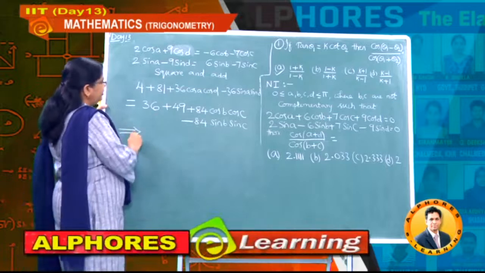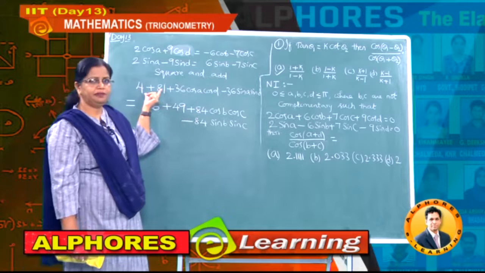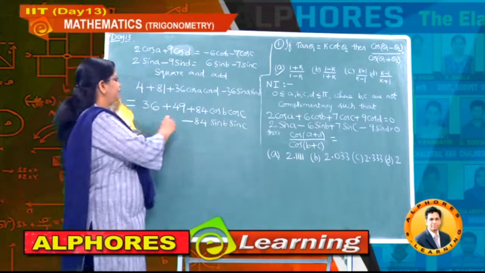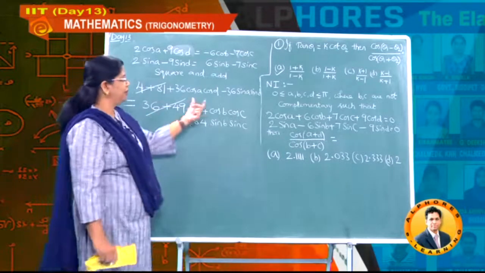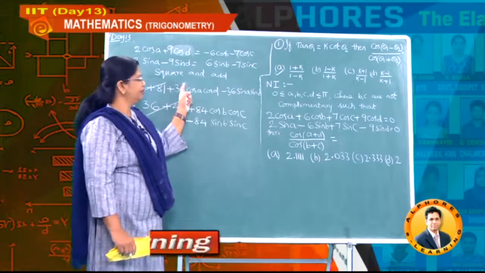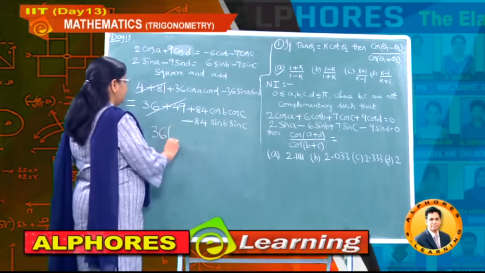Then what about the constants? Here 85, and here also 85. Therefore I am cancelling 85 and 85. Now you observe, 36 you can take common, right? After you take 36 common, students, what is the value left over in the bracket?